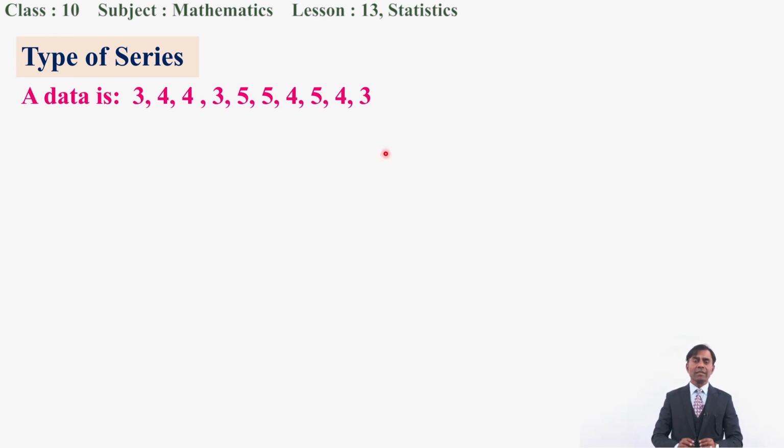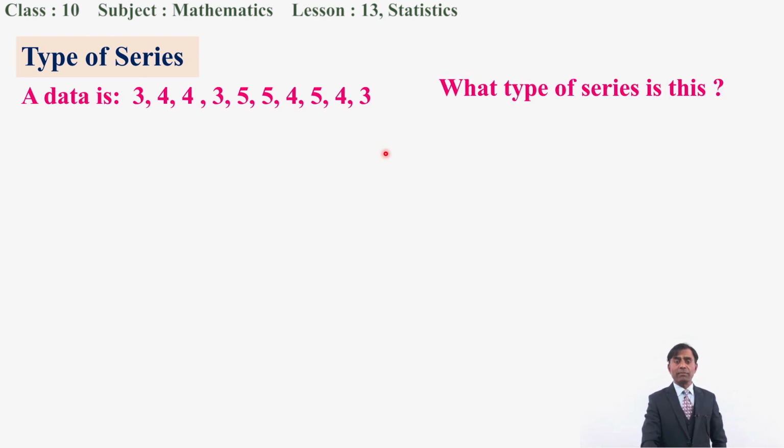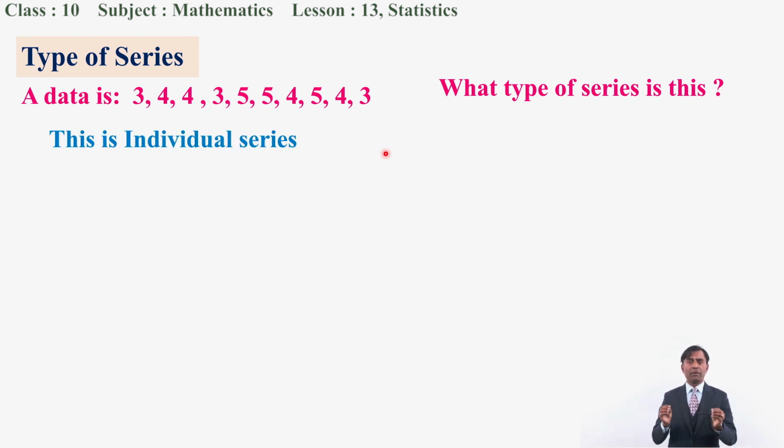So these are the ages of 10 individual children. This data is individual data, and each value, each age, is separated by a comma. So what type of series is this? That is called an individual series, which we have also learned in class 9.